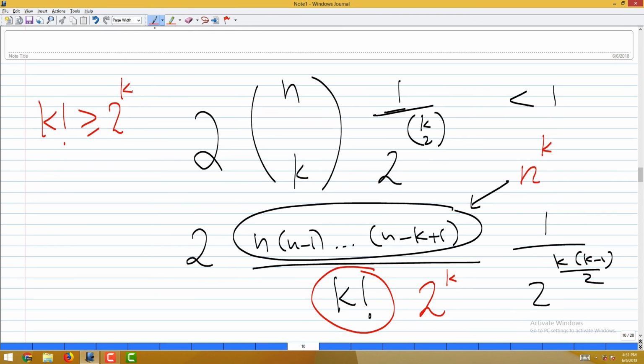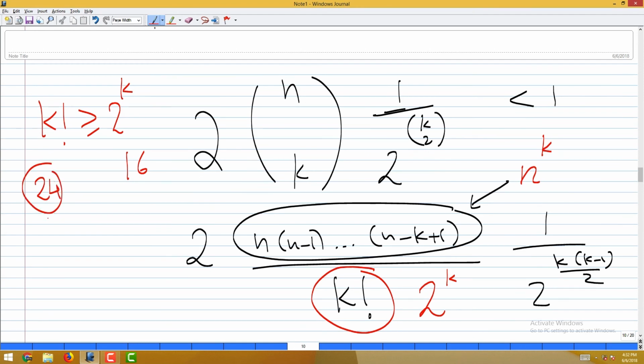K equal to 3, 3 factorial, 6 is greater than 2 raised to 3, which is 8? No. For k equal to 4, 2 raised to 4 is 16 and 4 factorial is 24.